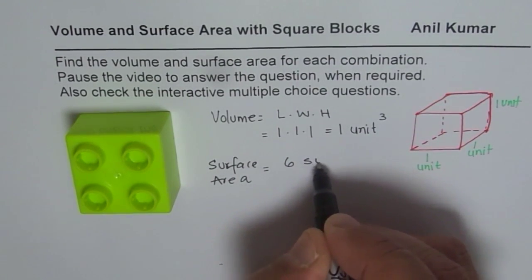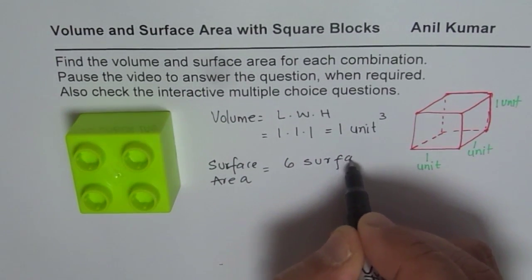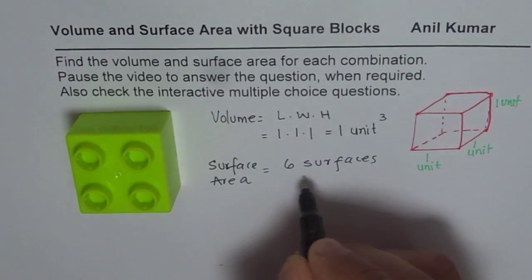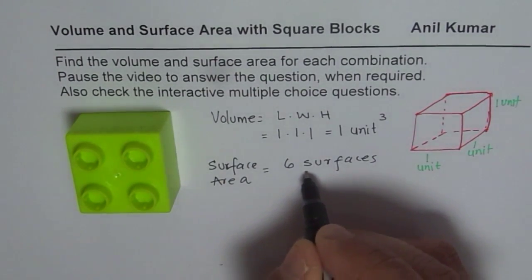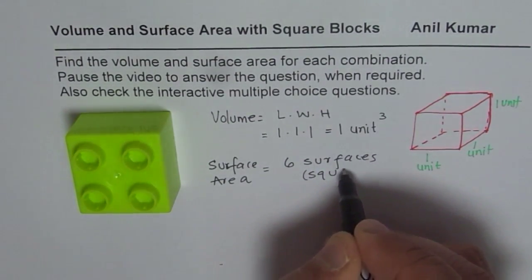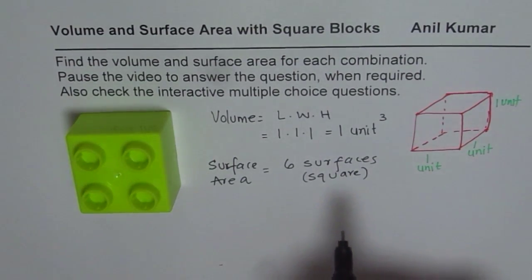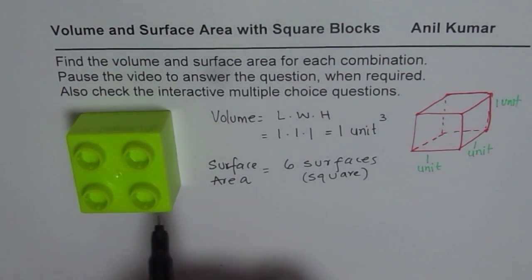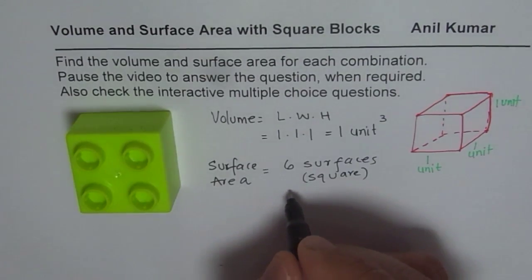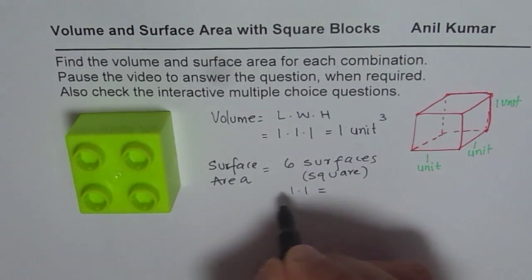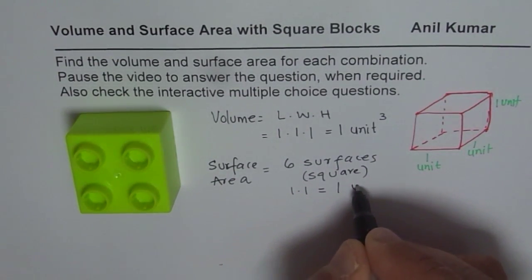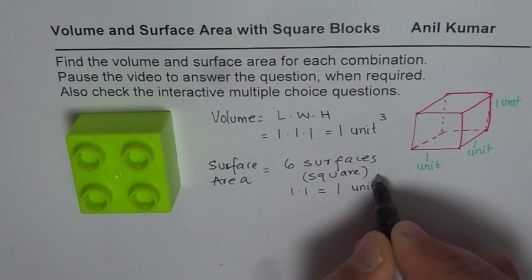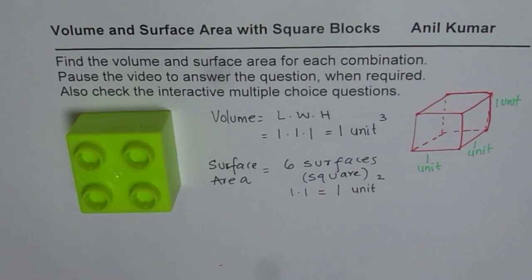Do you see that? 6 surfaces. And all these 6 surfaces are square, correct? 6 square surfaces. And what is the area of each? Length times width. So it is 1 times 1 is the area. So it is 1 unit square, right? So we are not writing centimeter, meter or something like that. Any unit, correct? So this is our general block.